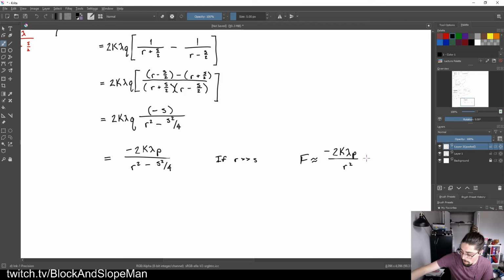And I want you to remember here that, for one, this is only when we're talking about very, very far away. But we have a couple other things that are actually going to go into this at this point. For one, let's look at the solution we just found. Remember that Newton's law that said an object exerts a force and it's going to feel an equal but opposite force.